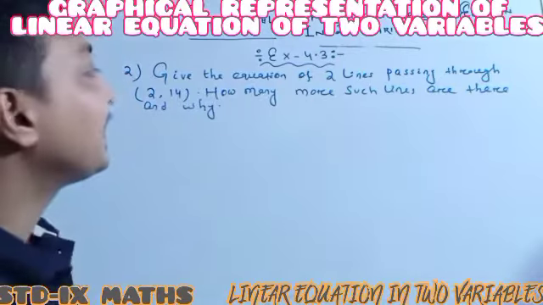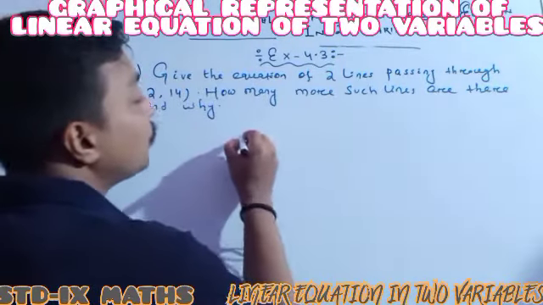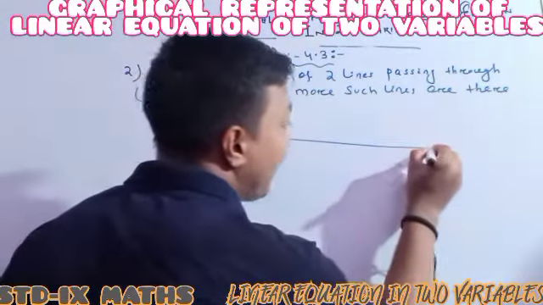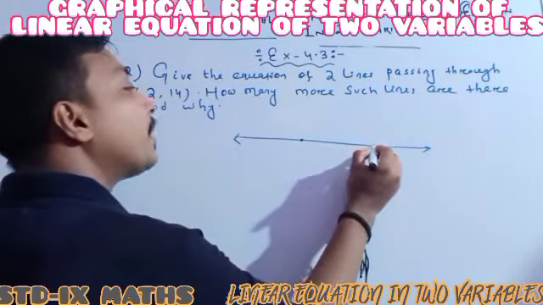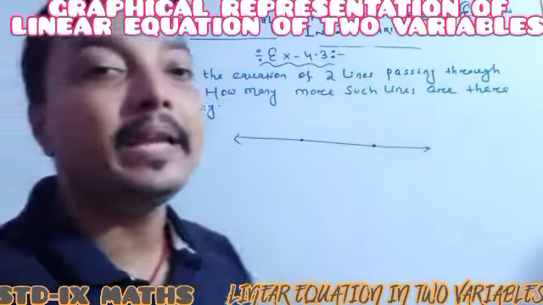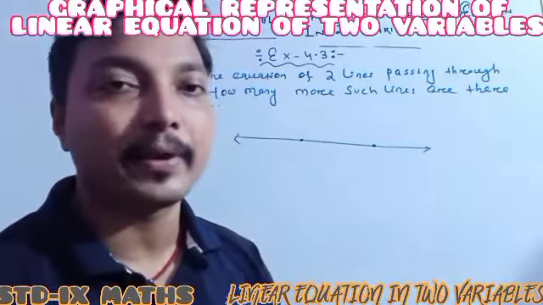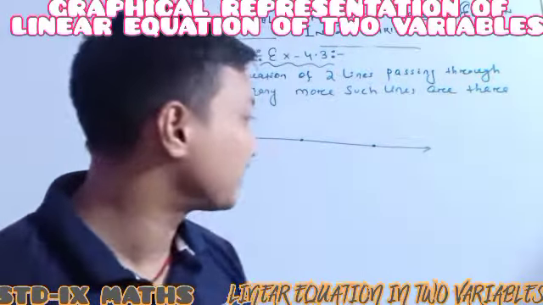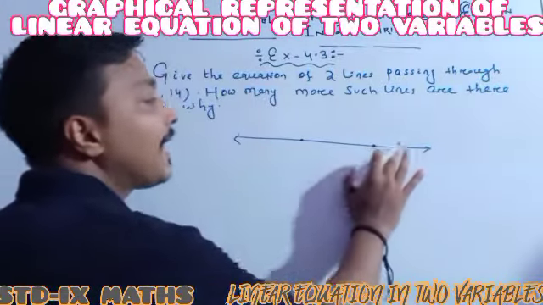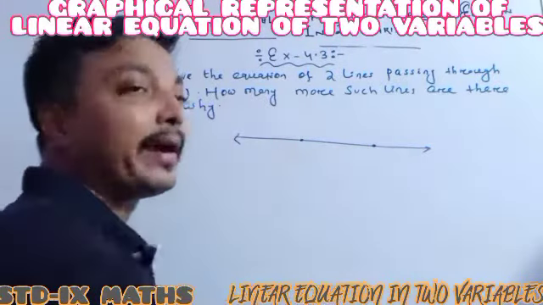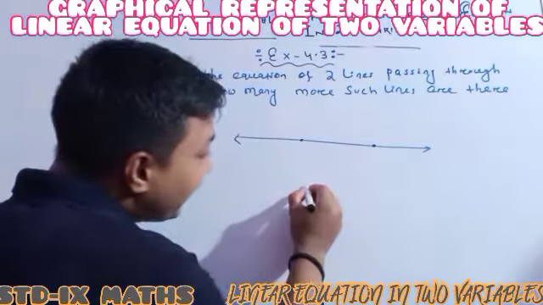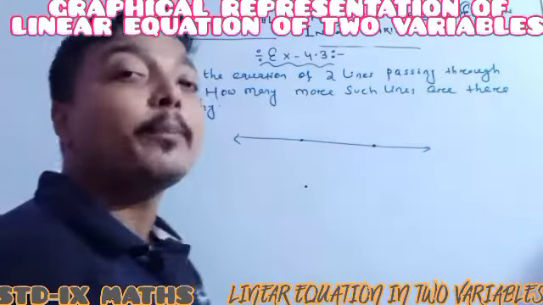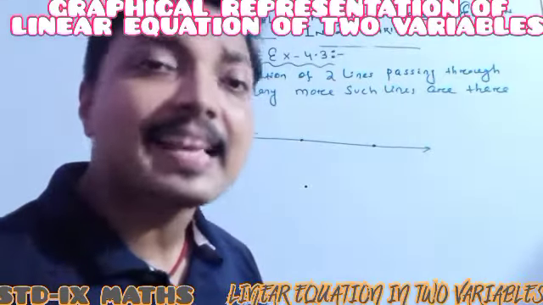Remember one important thing I am saying: to draw any line, a minimum of 2 points is required. But whenever 1 point is given, how many lines are possible?